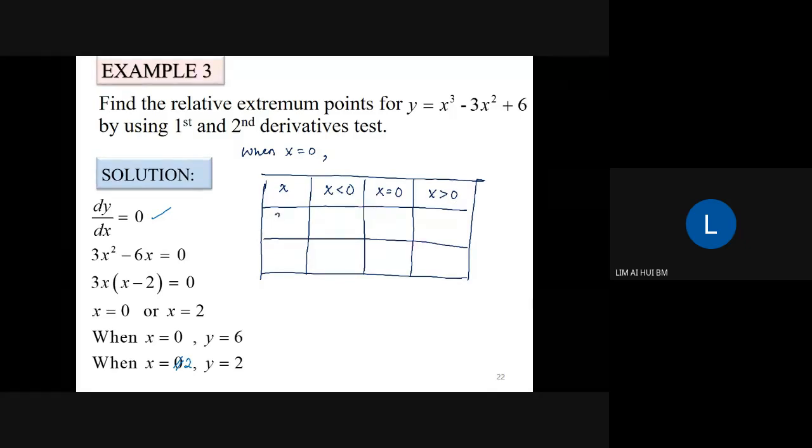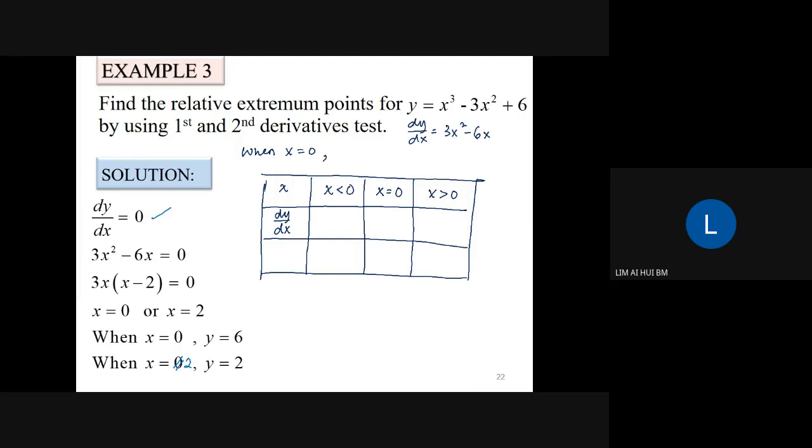And then I check my dy/dx sign. Substitute a value less than 0, for example negative 1, into dy/dx. Our dy/dx is 3x square minus 6x. Substituting negative 1, what do you get?